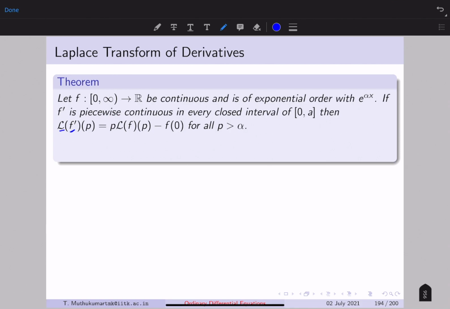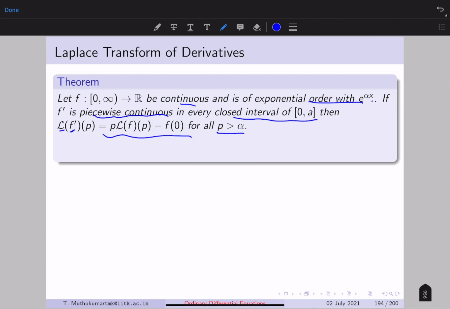If you have a function which is continuous and of exponential order alpha, and if f prime is piecewise continuous, that is, f is differentiable and the derivative is piecewise continuous in every closed interval 0 to a, then you can compute the Laplace transform of the derivative of the function, which is given by this formula for all p greater than alpha, where alpha is the exponential order of f.